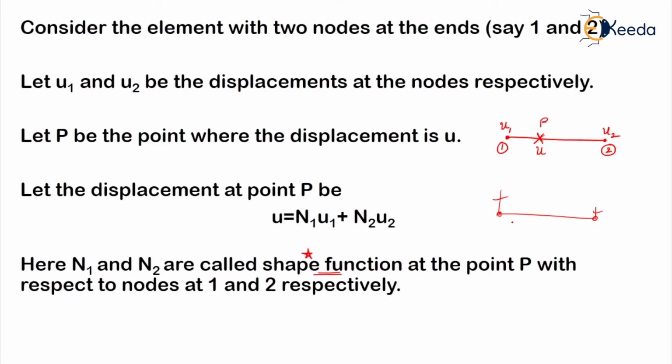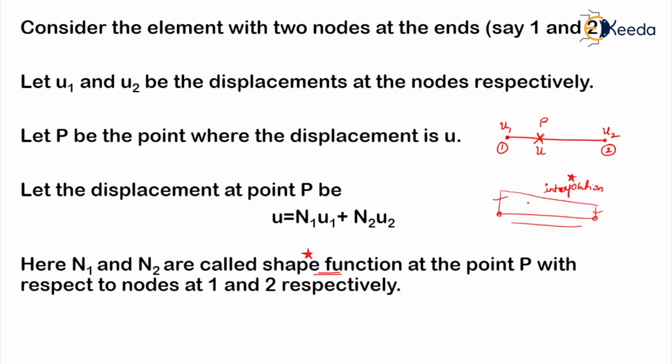The displacement in between anywhere can be found using the shape functions. Shape functions are nothing but some interpolation function which will help us find the displacement in between two nodes. That is the exact meaning of shape function. So now let's get started.